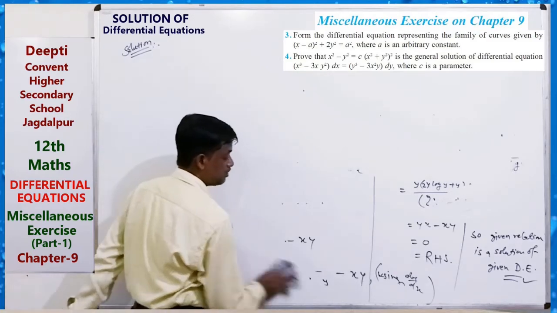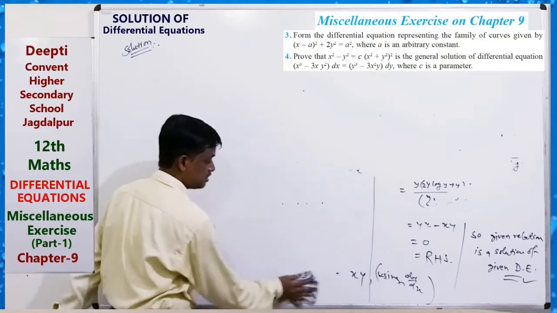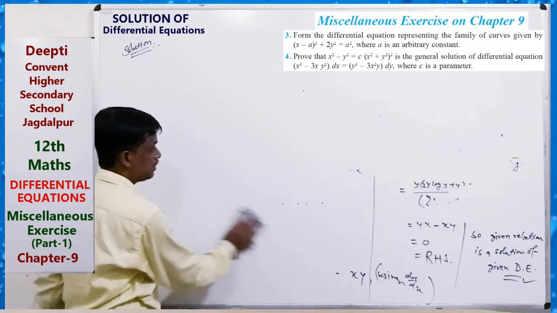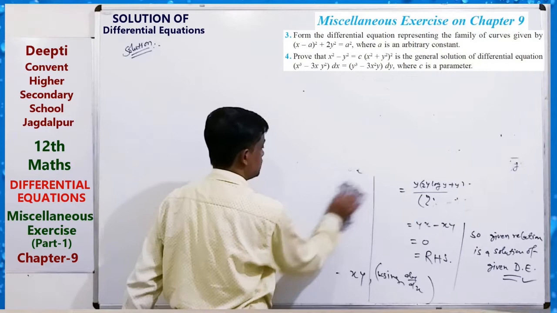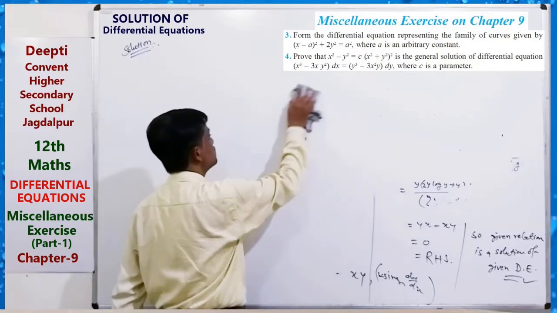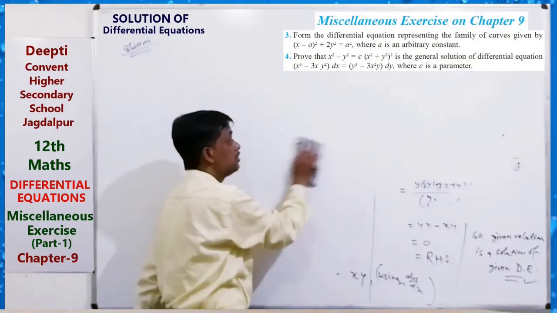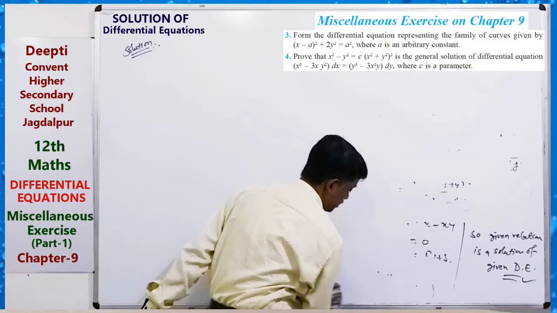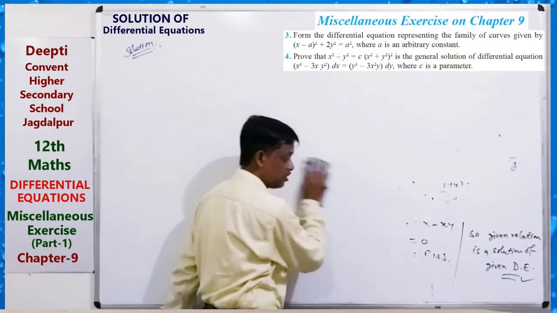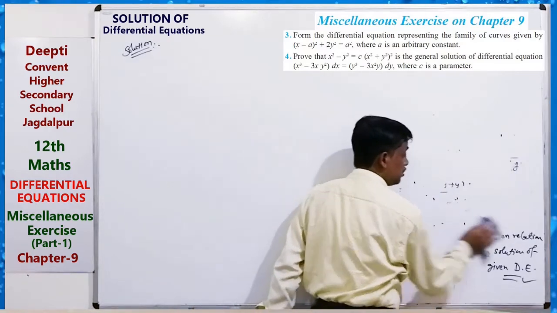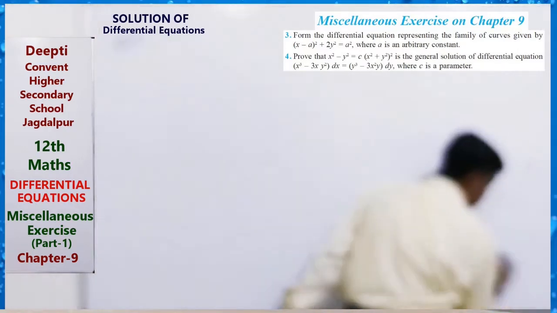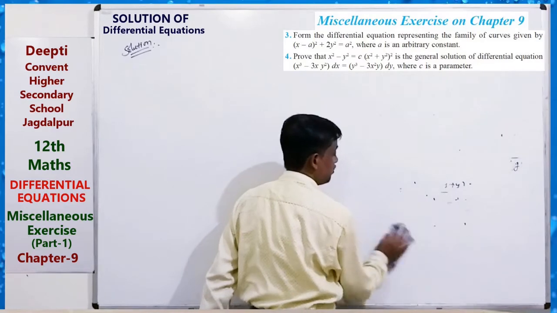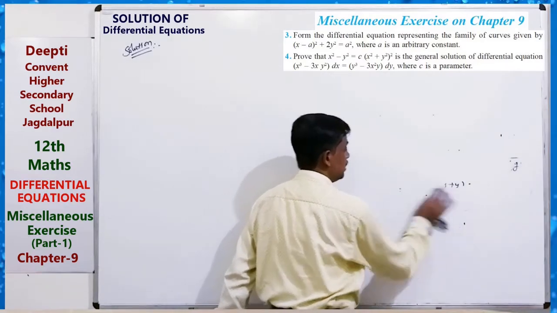If there is a single arbitrary constant, we get a first order differential equation. If there are two arbitrary constants, then by eliminating them we get a second order differential equation. The order of the differential equation depends on the number of arbitrary constants in the given relation.